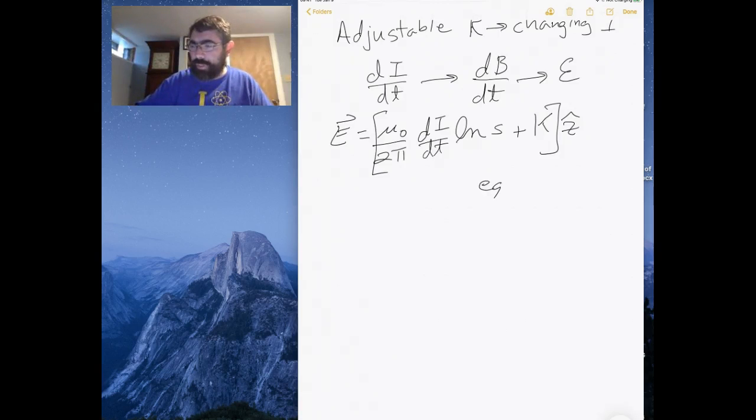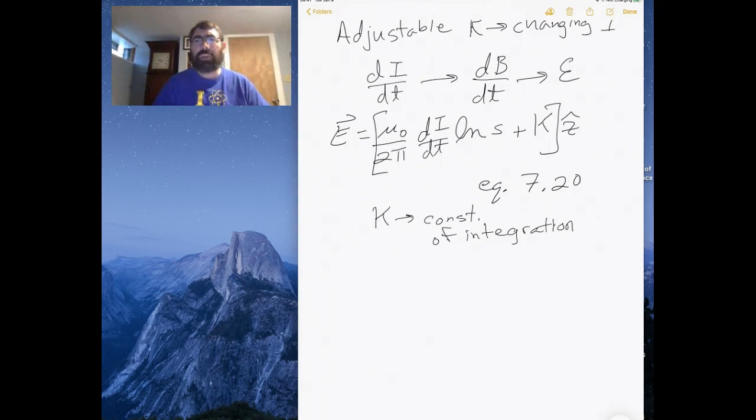This was equation 7.20 in the previous chapter. Okay, so now I have this equation for the electric field. Like I said, k is just a constant of integration, or basically what you would get from the initial conditions of the situation. We know whether you started at a current of 0 and ramped it up.